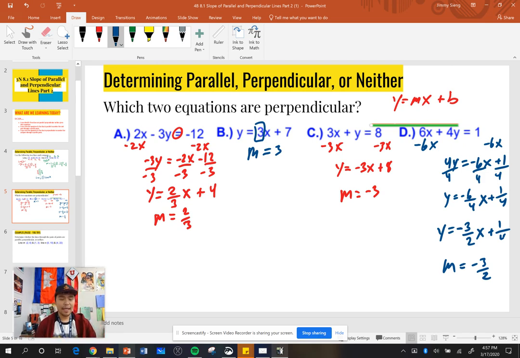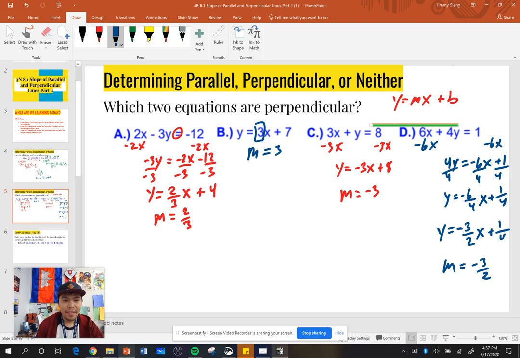All right, so looking at each one of those, which one looks perpendicular to each other? Again, perpendicular is when you have an opposite reciprocal, where the numerator and denominator switch sides, and you have the opposite sign, right? So if I look at letter A, I have the slope as 2 over 3.